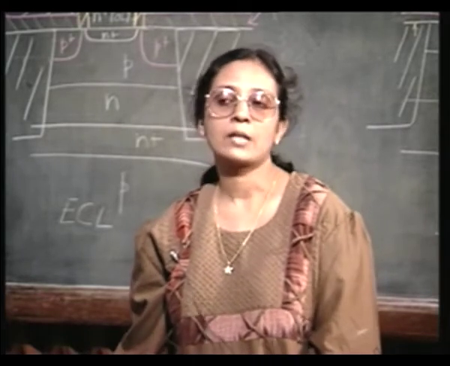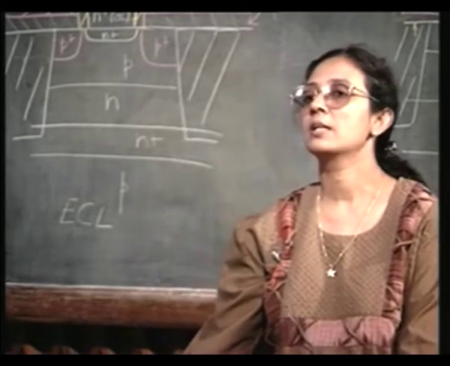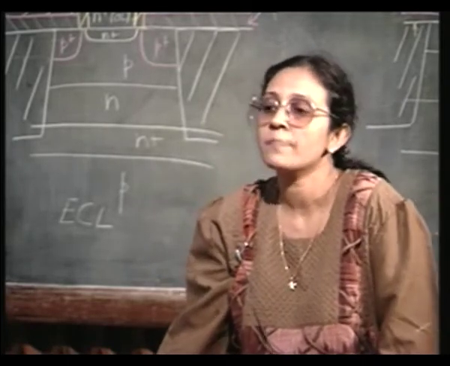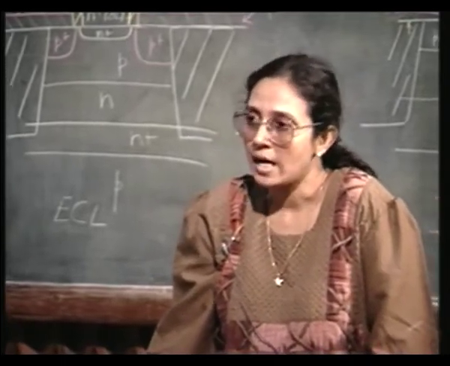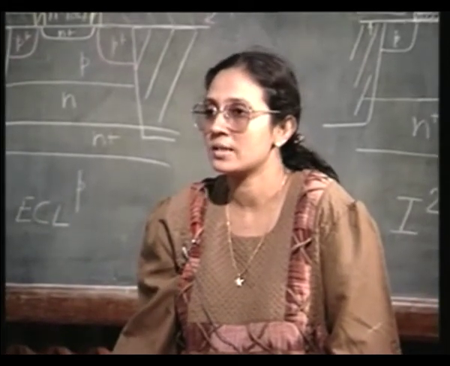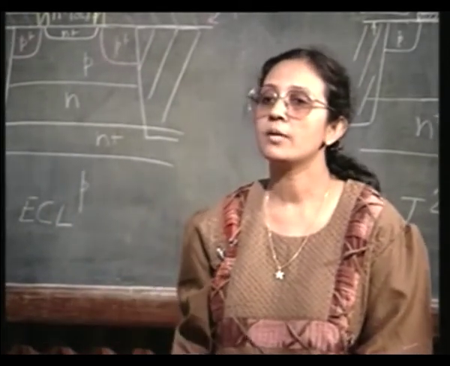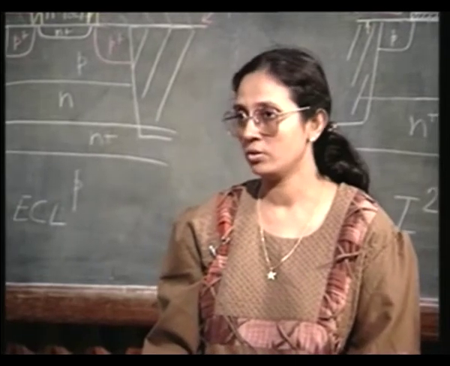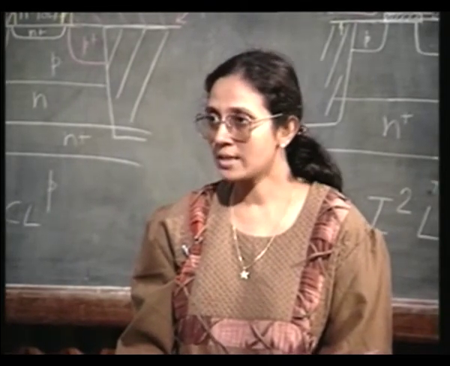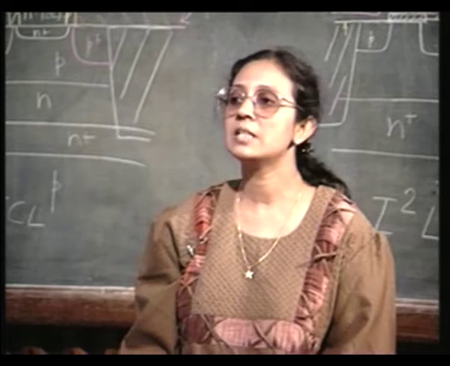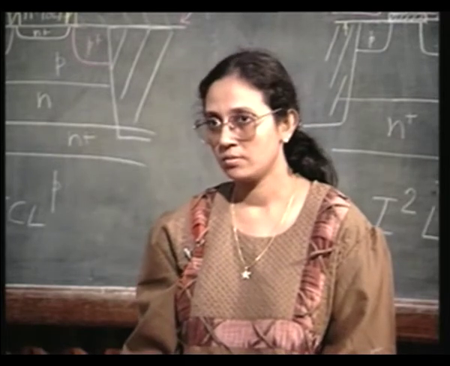So this is actually a very important technological approach today. That is, instead of having a particular type of logic circuit, ECL or I square L, we can have a combination so as to suit the various needs of my circuitry.